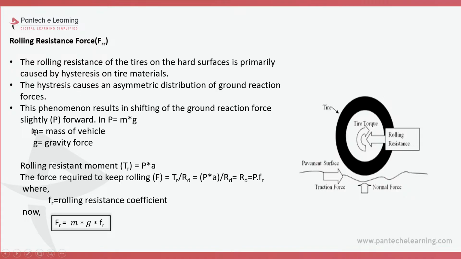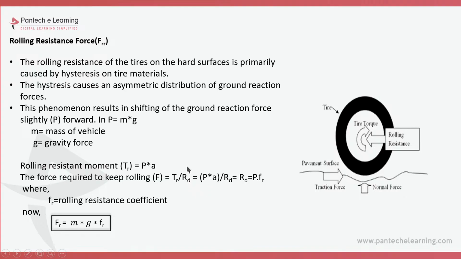Now, where do we get the formula? Because of the shifting of the ground reaction force, P equals m into g, where m is the mass of the vehicle and g is gravity. The rolling resistance moment is TR equals P into a. The force required to keep rolling is F equals TR by RD.